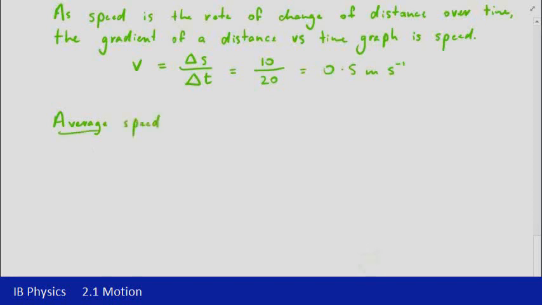So average speed is basically just looking at how far it's travelled, how long it took, and calculating the speed as a result. So average speed is calculated using the total distance travelled over the time taken.